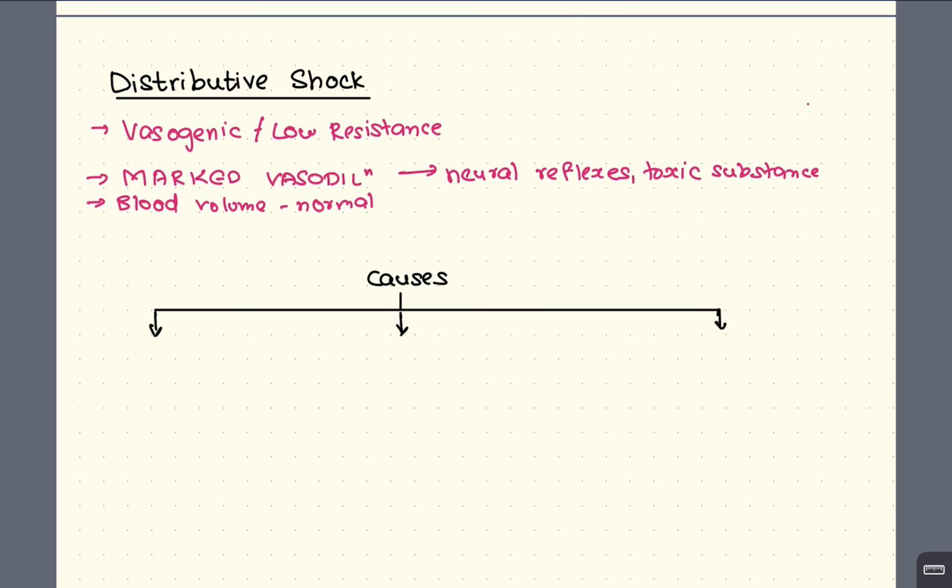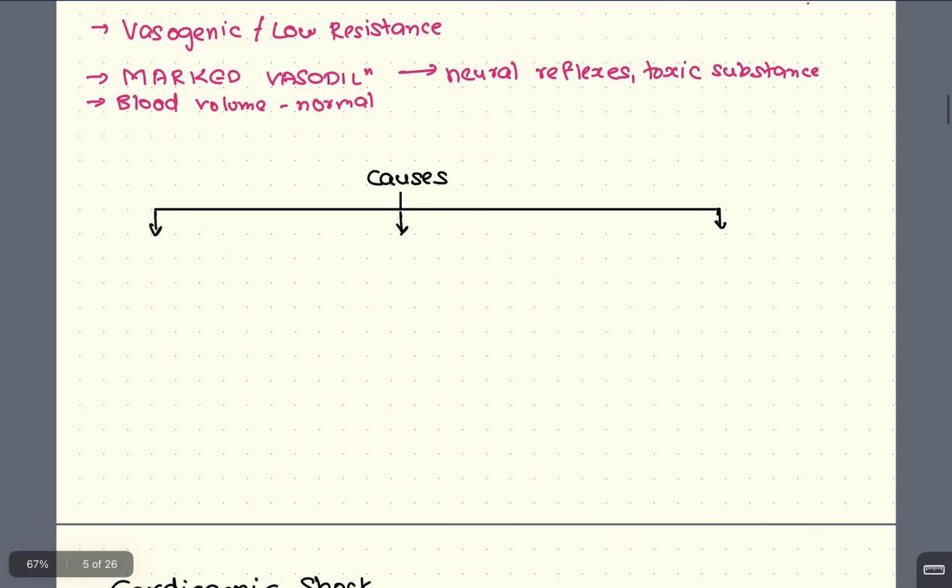Based on the causes, distributive shock is divided into three: neurogenic shock, anaphylactic shock, and septic shock.